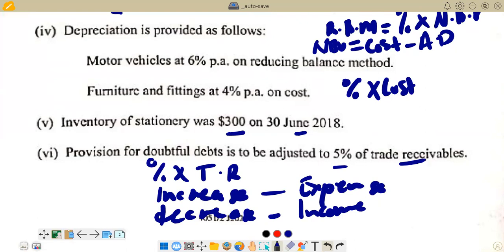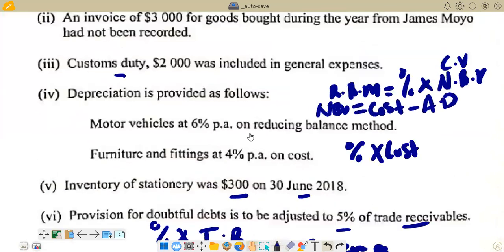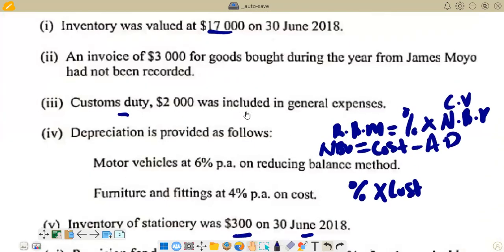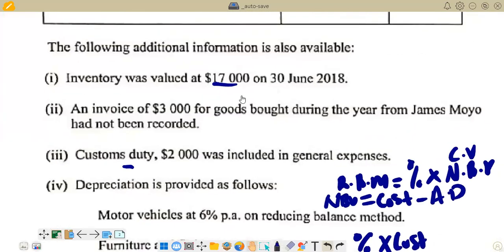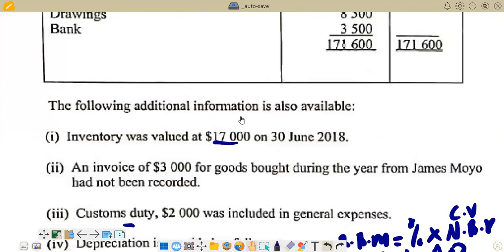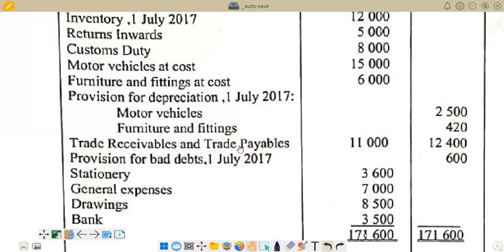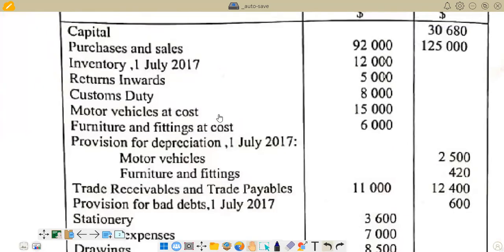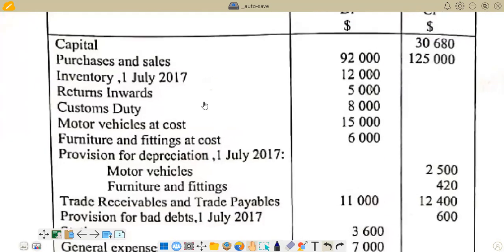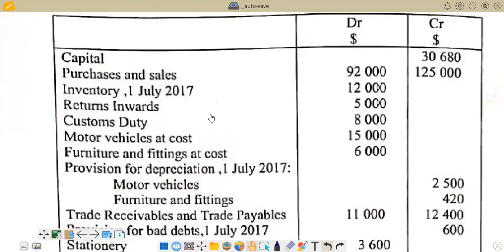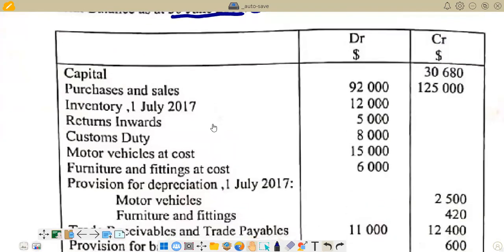So now we are going to go through the income statement. On the requirement of adjustment, we always come back to additional information to refer back to what we need to do in terms of the adjustment. So we come here to the list of balances. We know that in the income statement, we start with the figure for sales, which is the first figure that we enter in that statement.